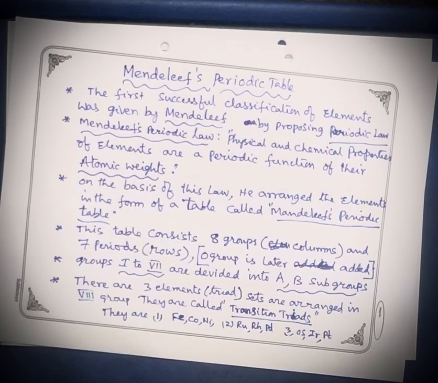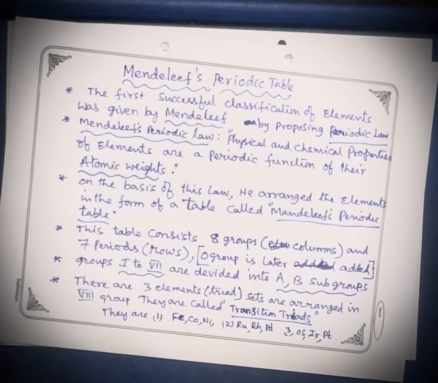According to him, physical and chemical properties of elements are periodic functions of their atomic weights. If you consider the physical and chemical properties of elements and write the elements in increasing order, elements with similar physical and chemical properties come at regular intervals. That was observed by Mendeleev.